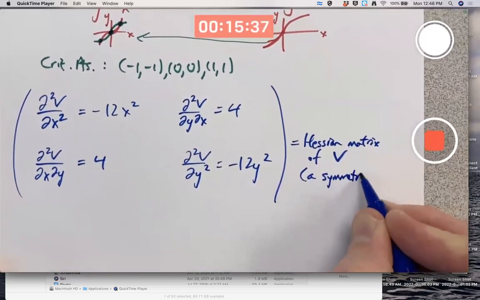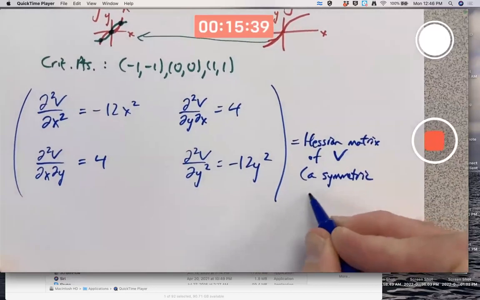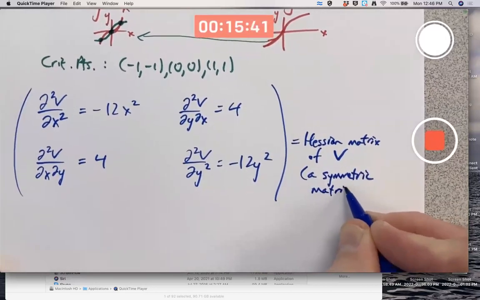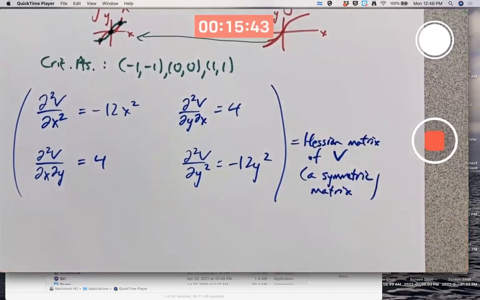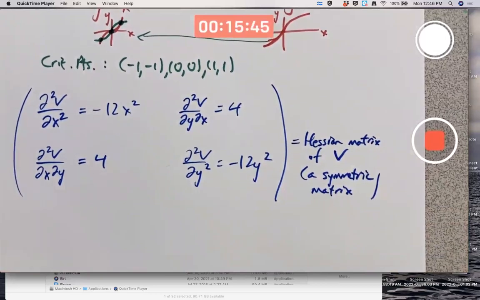There's one connection with what we've been doing recently. It's a symmetric matrix. It would have real eigenvalues. And the eigenspaces would form a basis for R2. There'd be 2 linearly independent eigenvectors, even if there was a repeated eigenvalue. And it's orthogonally diagonalizable. Do we care about orthogonally diagonalizing it?